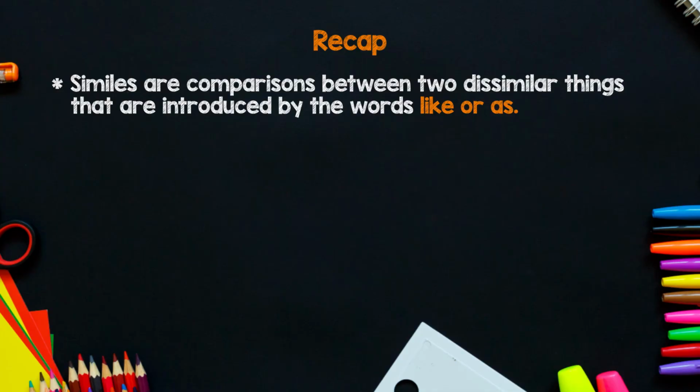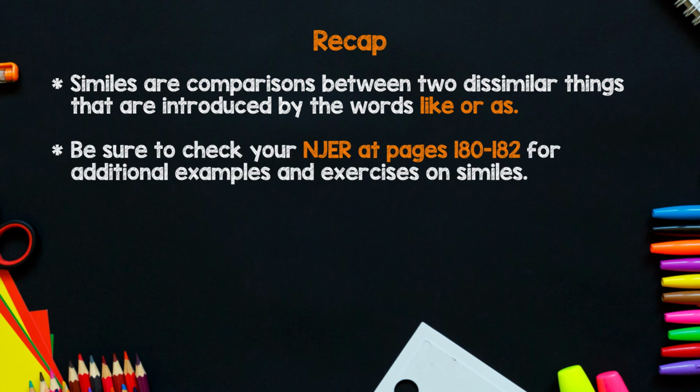But before you go, let me remind you, similes are comparisons between two dissimilar things that are introduced by the words like or as. Be sure to check your new Junior English Revise at pages 180 to 182 for additional examples and exercises on similes.